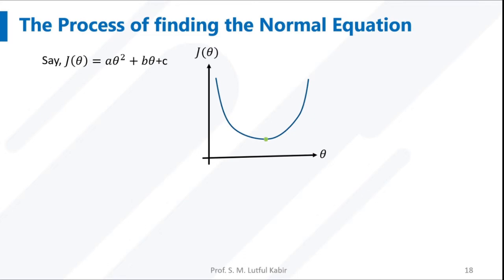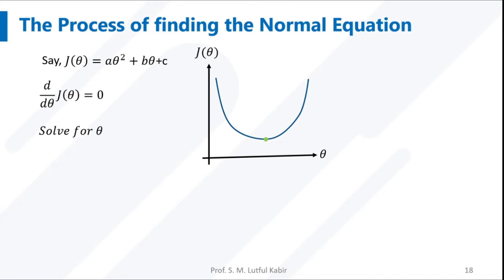In order to find the minimum point, we find the derivative with respect to theta and equate it to 0, because at that point the derivative is 0. What does derivative mean? Derivative means the slope of the tangent at a certain point. So at the minimum point, the slope is 0. If we set the derivative of J(theta) equal to 0 and solve the equation, we can find theta.